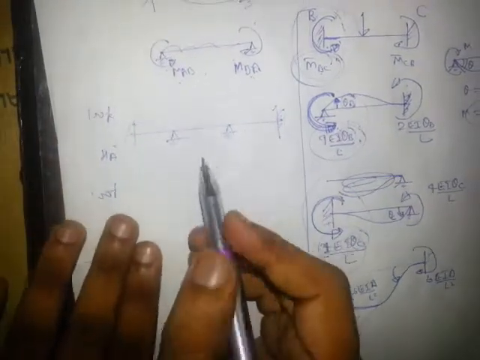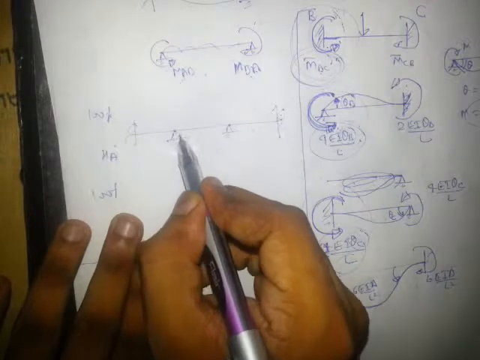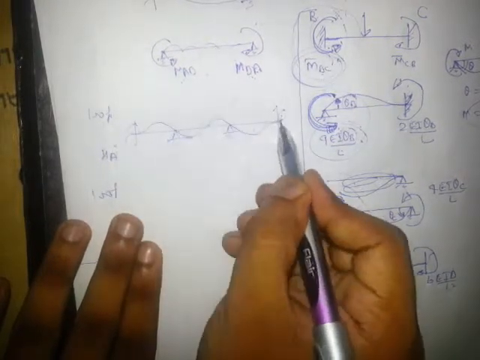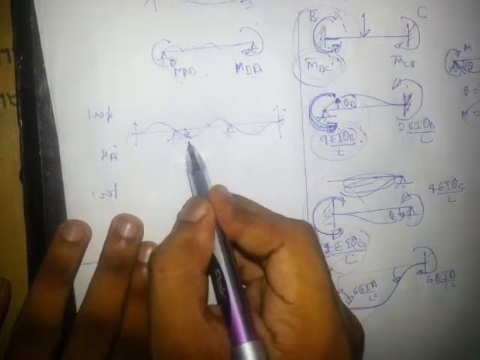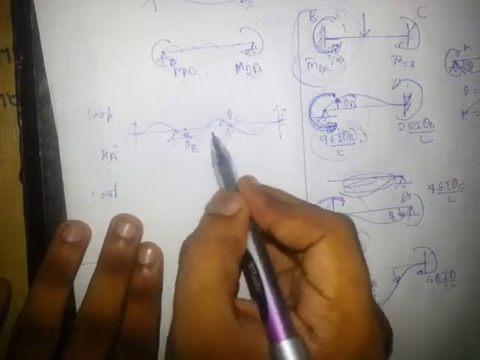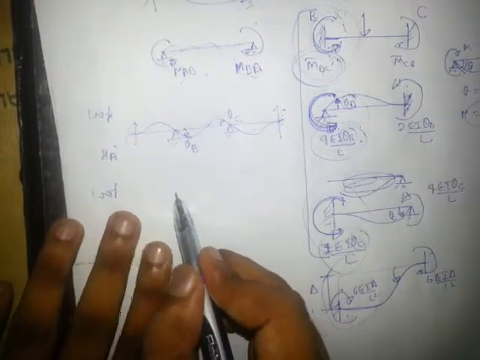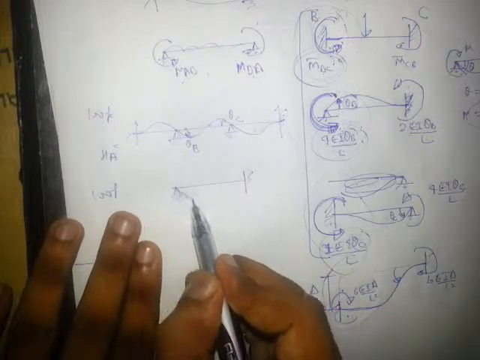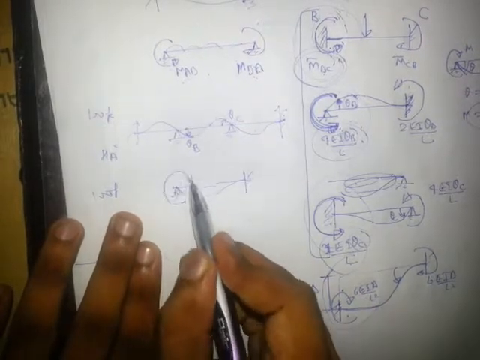If I say like this, this is clockwise, this is theta B and this is theta C, also clockwise. So if this is clockwise, the moment will be applied in this direction.